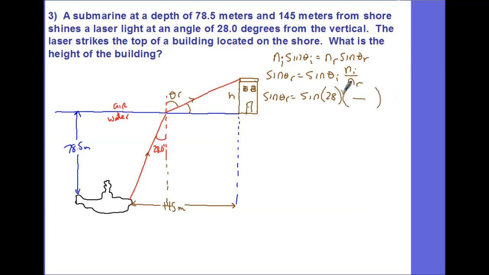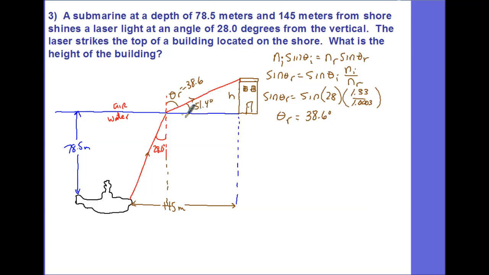The index of refraction Ni is for water, that's 1.33, and for the air, 1.0003. When I go through all that math, I get about 38.6 degrees for that angle. Let's place that there. The complement of that would be 51.4 degrees.